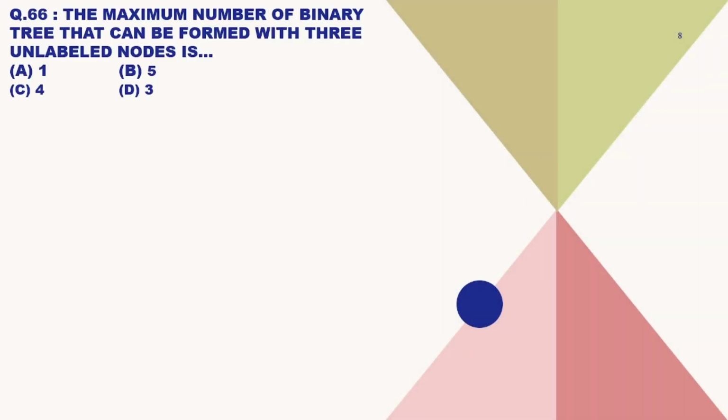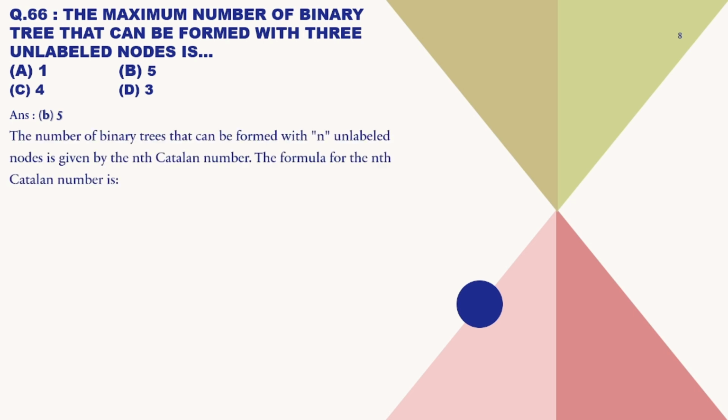Our next question: what is the maximum number of binary trees that can be formed with three unlabeled nodes? Here we have four options, and the correct answer is option B. We have an equation that can directly tell us the output: C of n is equal to 2n factorial upon (n plus 1) factorial times n factorial.